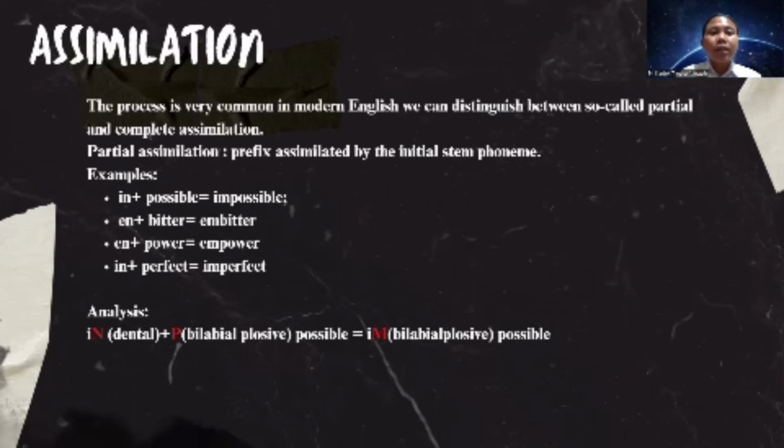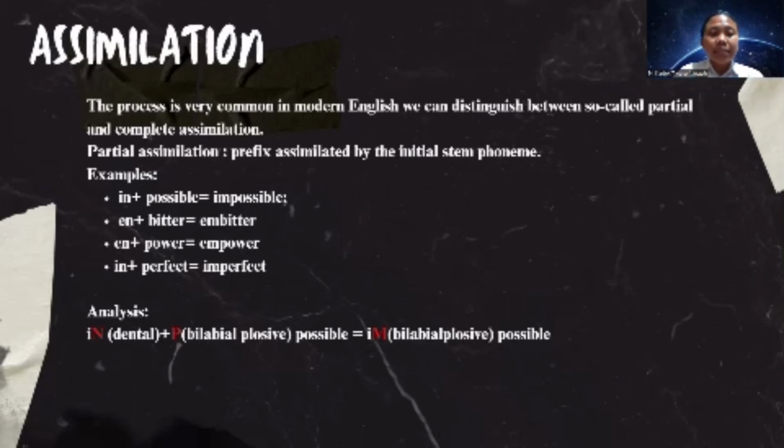For example, the prefix in with the word possible becomes impossible, the prefix in with the word bitter becomes imbitter, the prefix in with the word power becomes impower, and the prefix in with the word perfect becomes imperfect.